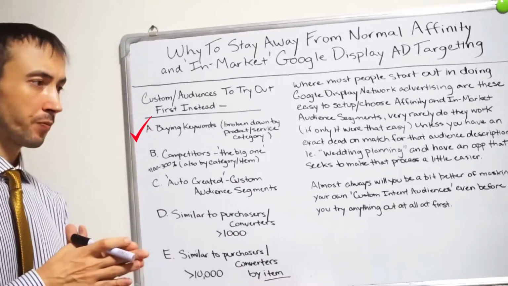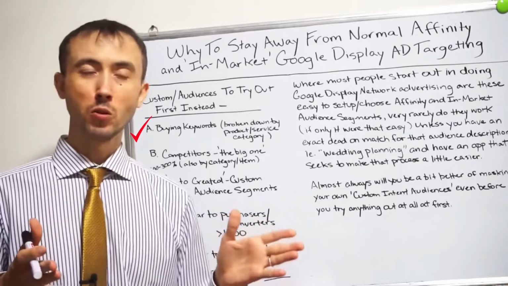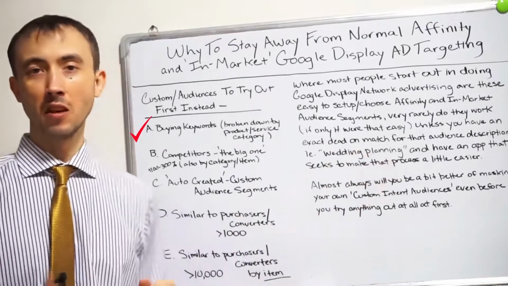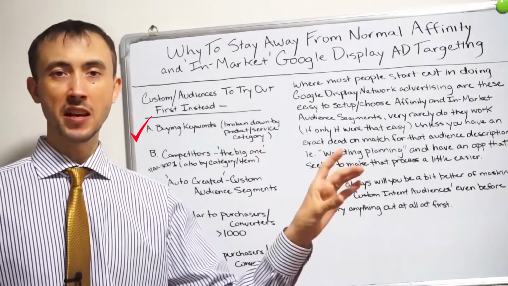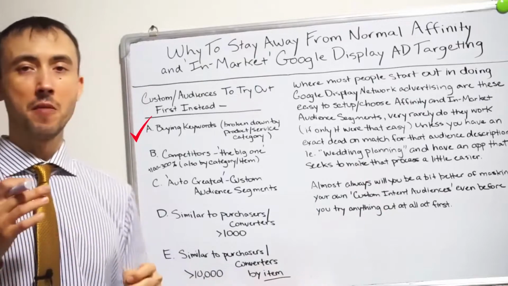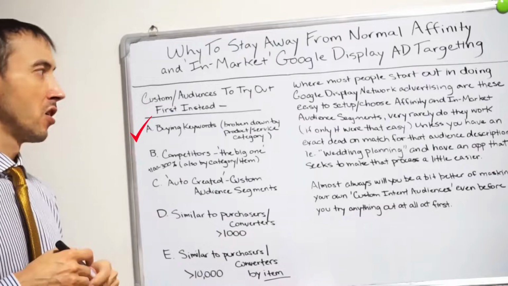So if I sell household goods, and let's say furniture, and I sell couches and I sell recliners, I'm going to have all my recliner keywords in a group and my couch keywords in a group, respectively, so that I can create two distinct audiences there. Why?